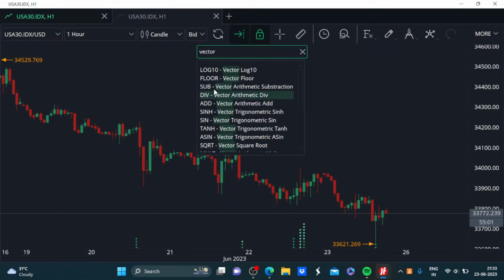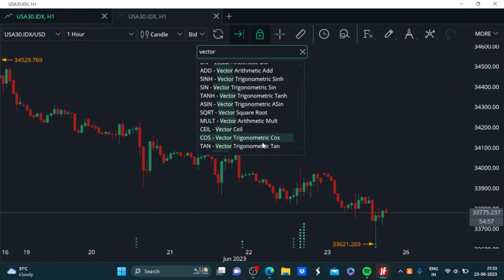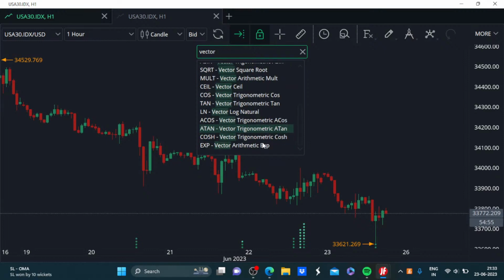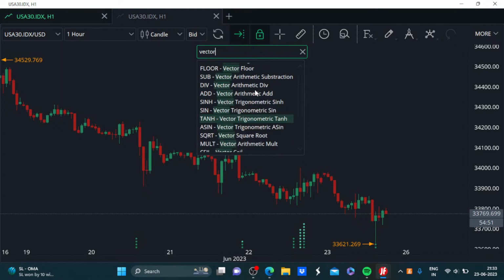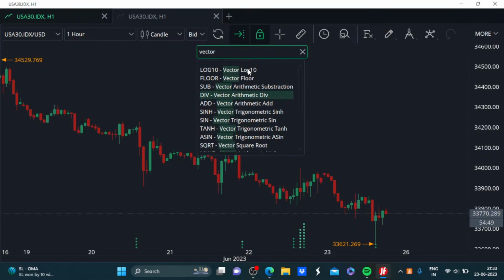Here we have all this long list of vector-based indicators, which use different concepts. Now today we will be more focused on this vector log10. I have tried to explain to you its concept and some of its uses. We will look at some more examples of how we can look for the opportunities to trade in the market using this indicator.